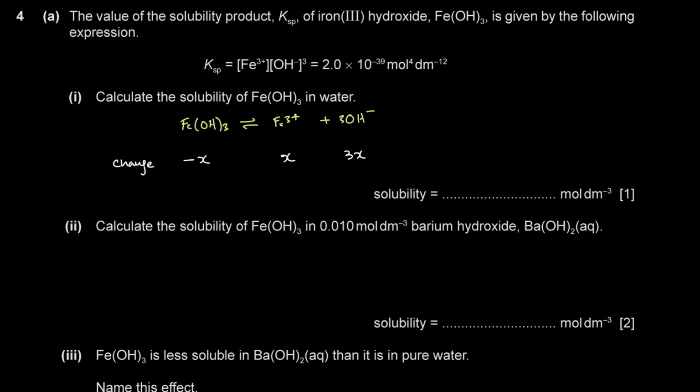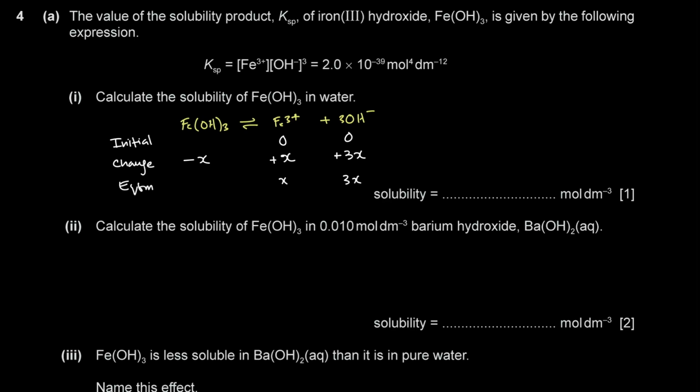That's how it dissolves, and this is how many aqueous ions we get in solution. Initially we had 0 moles per decimeter cube of these ions, and then at equilibrium, we have x and 3x moles of Fe3+ and hydroxide ions respectively.